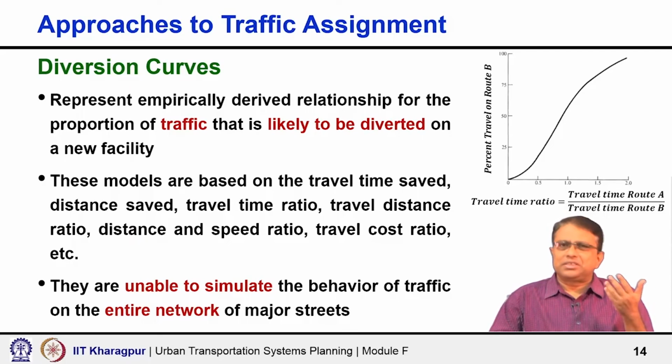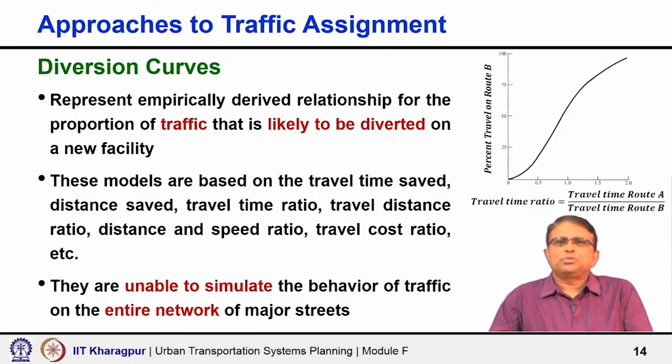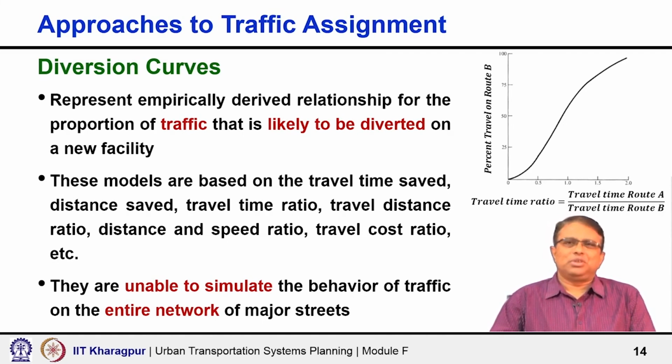Many researchers have developed such curves, whether based on speed ratio, cost ratio, time ratio, or the distance saved, time saved, and accordingly you can use the diversion curve to get the proportion of traffic. That means we are not doing any formal assignment, but just getting grossly how much traffic will get diverted based on these factors.